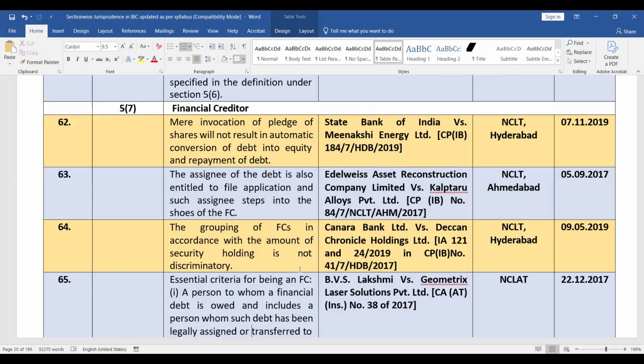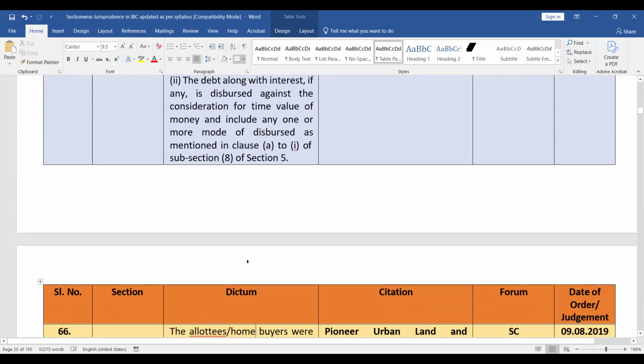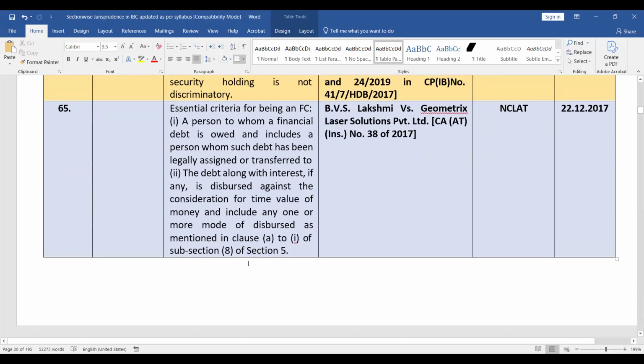ठीक है. The assignee of the debt is also entitled to file application and such assignee steps into the shoes of the financial creditor. ठीक है. The grouping of FCs in accordance with the amount of security holding is not discriminatory. अच्छा, what are the essential criteria for these FCs? पहला, a person to whom a financial debt is owed and includes a person to whom such debt has been legally assigned or transferred.